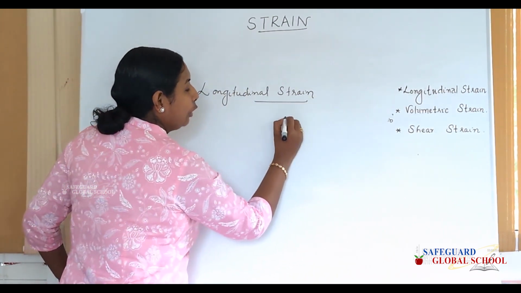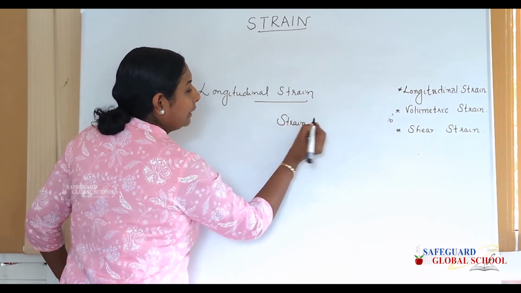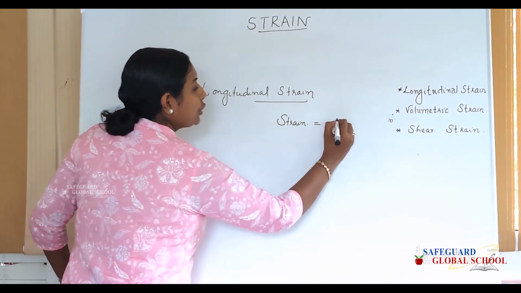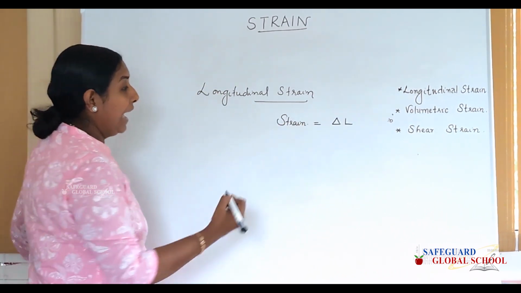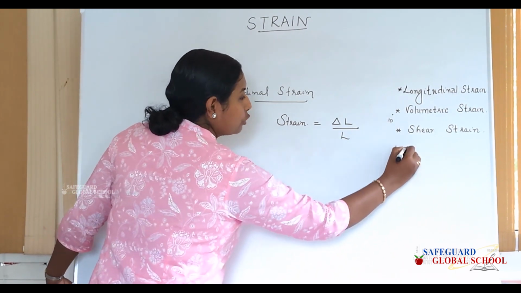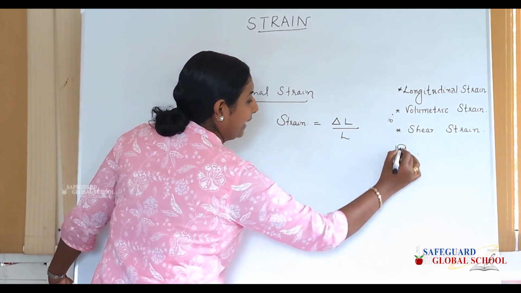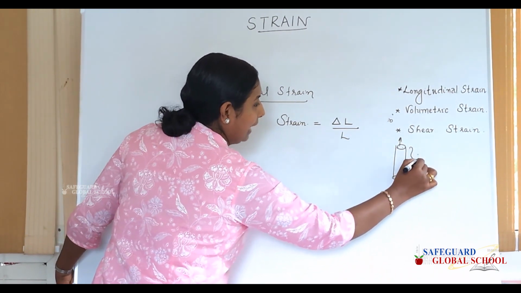So how will you write longitudinal strain? Longitudinal strain is written as change in length, we will call it delta L, over the original length L. I may draw it in the picture. So there was a wire like that. We tried to extend it. So this was the original length.